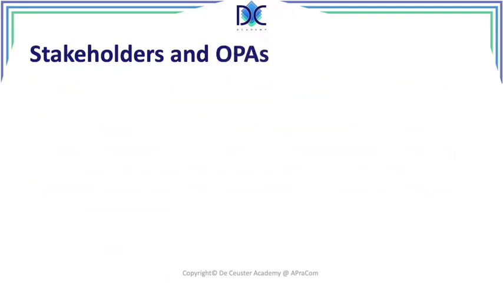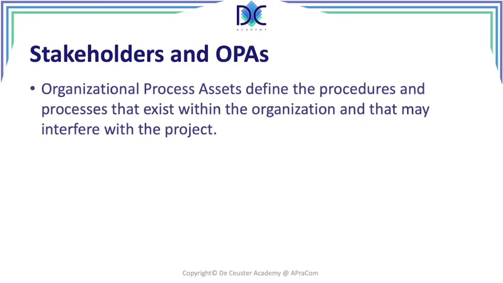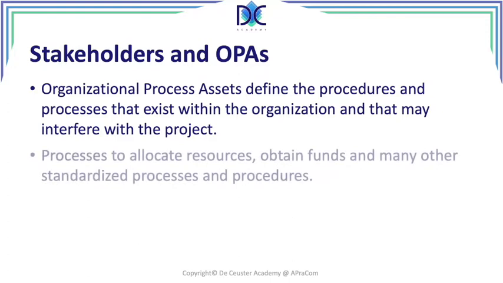We also look at the organizational process assets. So we have all the procedures and processes that exist within the organization and all the things that can interfere with the project. So if you have a quality department which is overviewing all quality assessments within the company, that could be a very important stakeholder. Here we have processes to allocate resources, obtain funds, and many other standardized processes and procedures.